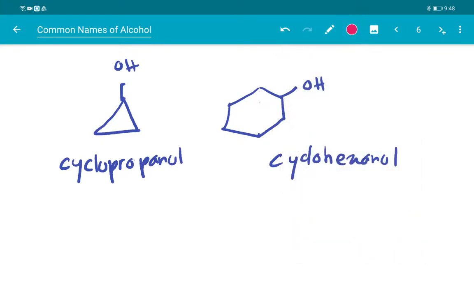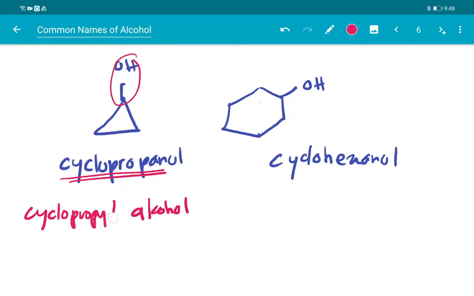By using the same rules, we have the OH attached to the carbon, so this will be alcohol, and then the cyclopropane will become cyclopropyl. Again, we convert the alkane group into the alkyl group, which has the YL at the back. For cyclohexanol, the cyclohexane will become cyclohexyl.